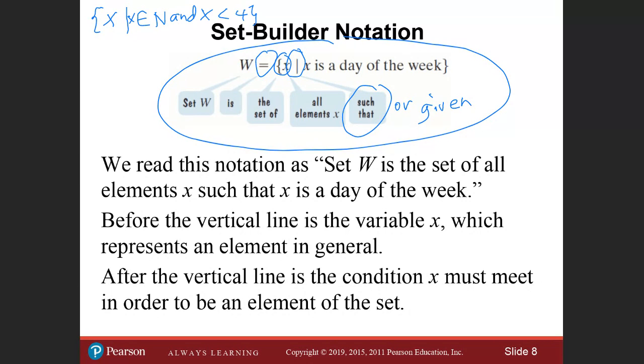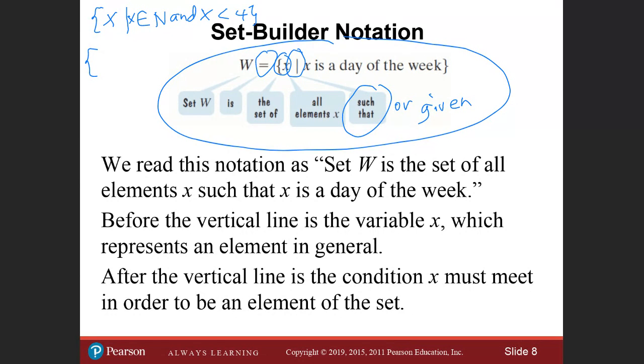Now, if you have here set builder notation, it says all elements of X such that X is an element of natural numbers and X is less than 4. The roster method equivalent is this. Natural numbers are like counting numbers, you don't have negative values.